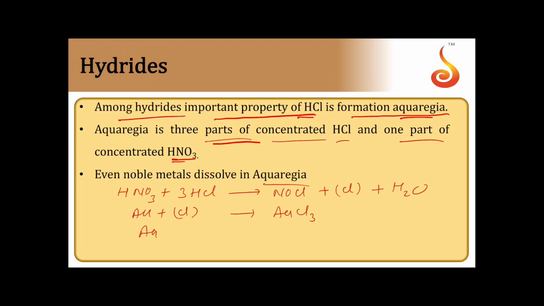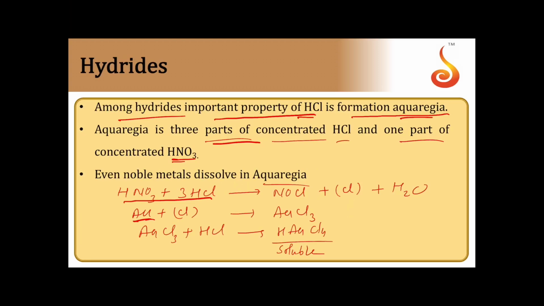This auric chloride dissolves in HCl and forms HAuCl4, a water soluble compound. This is completely soluble, therefore gold will dissolve in aqua regia because of the formation of HAuCl4.